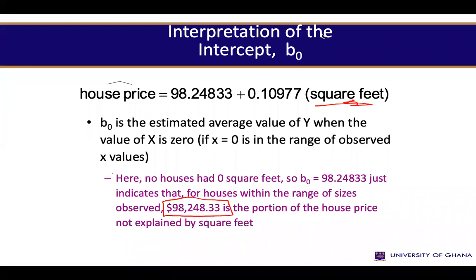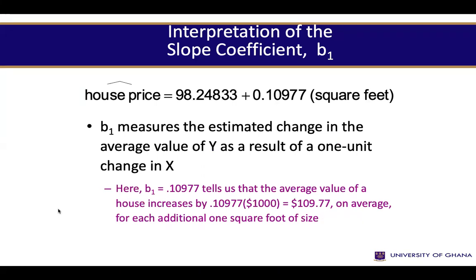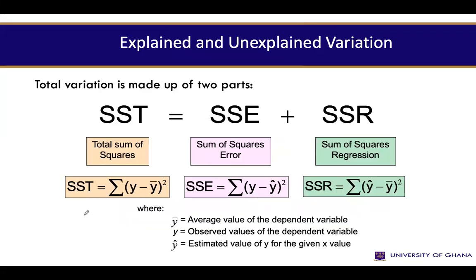All those other factors that have not been explained by the size will be placed under that intercept. So when the x is 0, you will see the influence of the other factors in the determinant of the price of the house. I think that is okay, right? So we move on, and we've been able to explain what the B1 is.